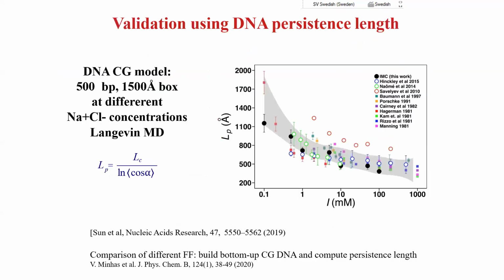And we validate these Gaussian potentials, for example, by comparing with experimental persistence lengths of DNA, meaning the stiffness of DNA. And as you can see, we get quite good agreement here.